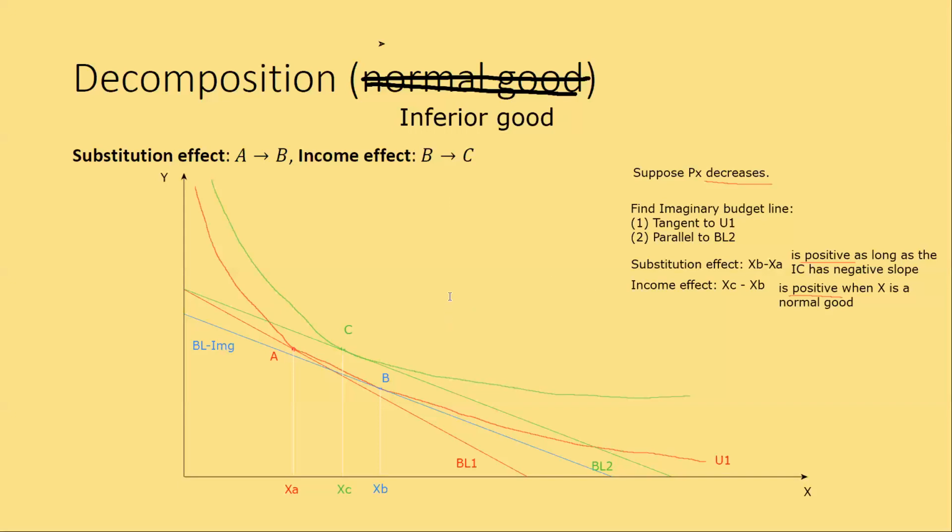So based on this graph, we can reach the conclusion that the income effect, which is xc minus xb, is going to be negative, and x is an inferior good.